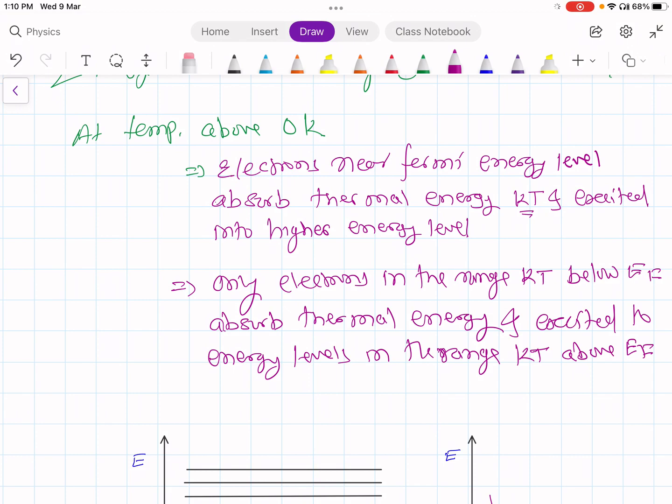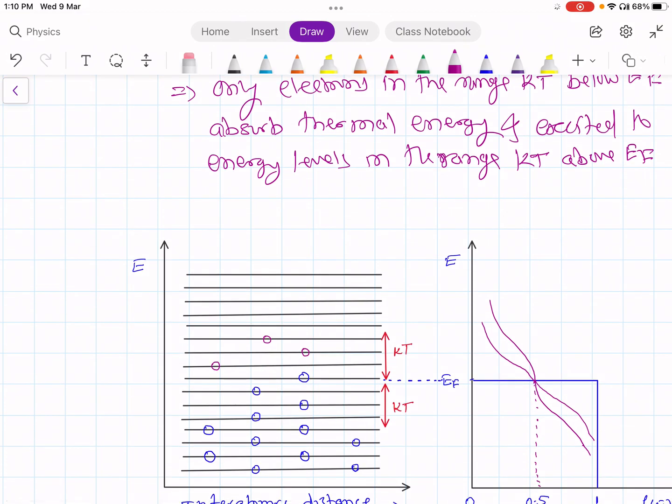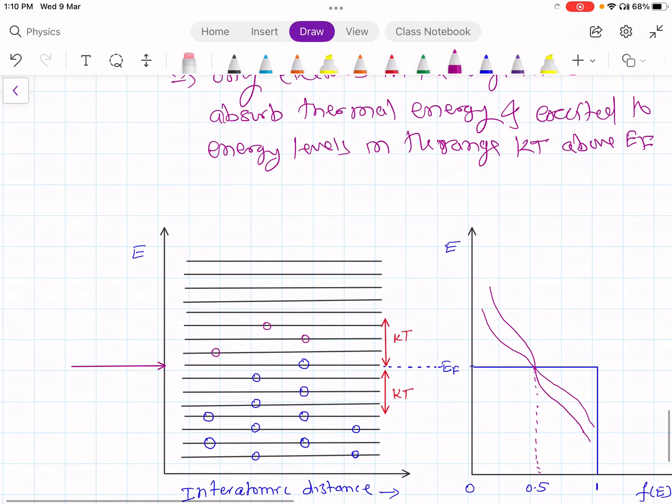Let me show this in the diagram. This is the Fermi energy level here in the diagram. Now, we are supplying the thermal energy kT. When the temperature is increased by T, it means thermal energy equals kT. K is the Boltzmann constant. So this thermal energy will be absorbed by the electrons which are below EF in the range kT.